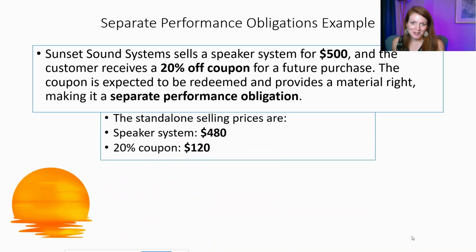Now, hopefully, you're not shocked by this. A lot of times, whenever you get some kind of incentive to go with the product, you're like, whoa, look at this, I get this coupon to go along with this. But they typically would have sold the system for $480. They actually upcharged it to cover some of the discount they're giving you.